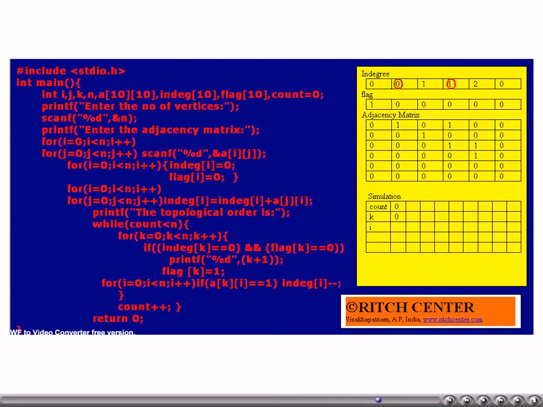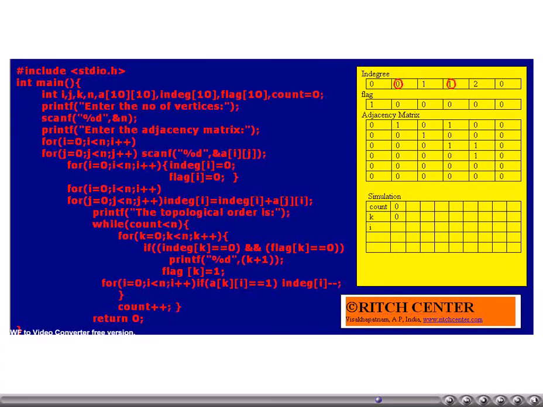Now again we'll increment the count value by 1, and we traverse again to find the node whose in degree value is 0. If you continue the while loop, we already found one node whose in degree value is 0.